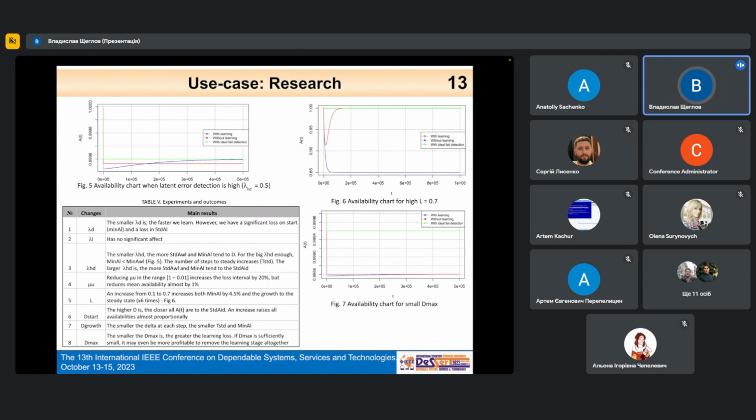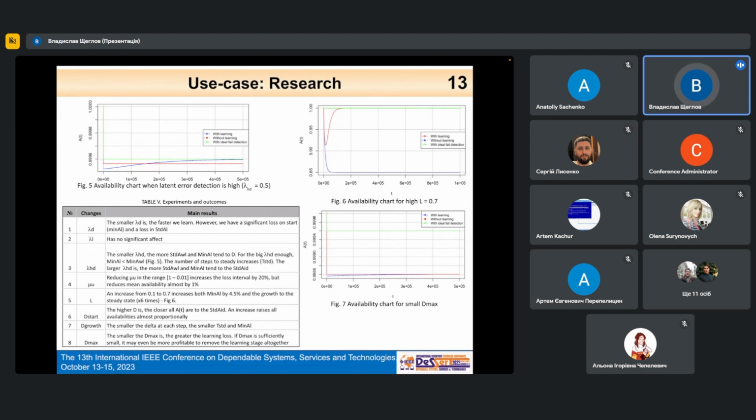This parameter is the probability of moving to the learning state after any degradation state. That means we try to learn almost after every failure, and that's why we end up in the stationary state much faster.